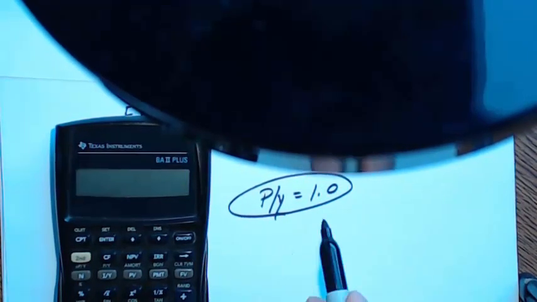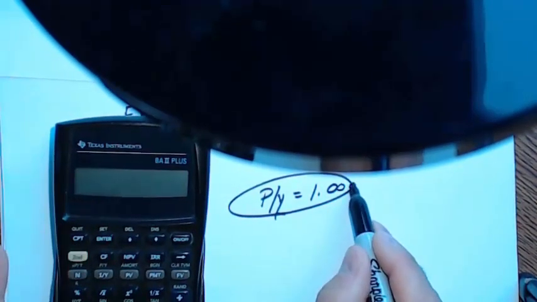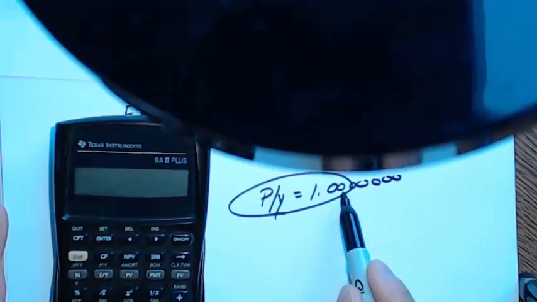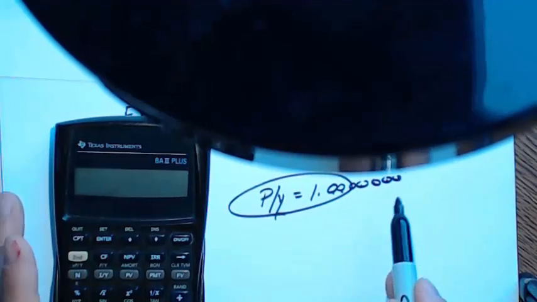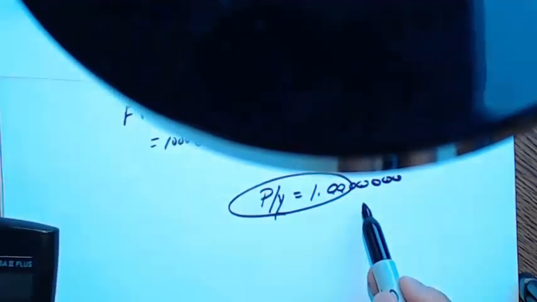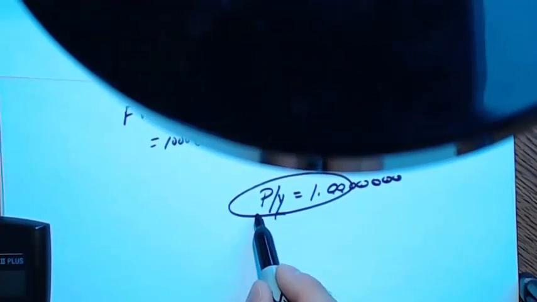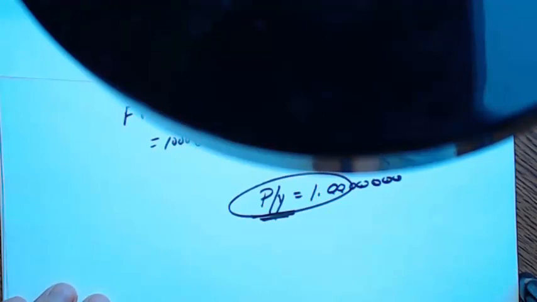What you're seeing is P/Y equals 1, and it goes over 7 decimals because I just turned it to 7 decimal places. So you want payments per year to be 1, and that will help you significantly here. We got that out of the way: you have enough digits to the right of the decimal, and payments per year is 1.